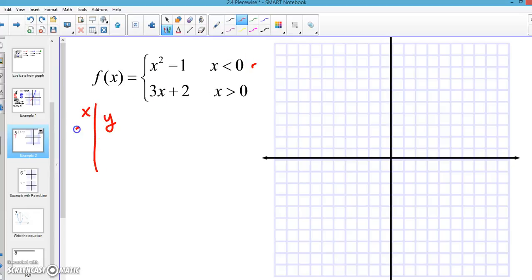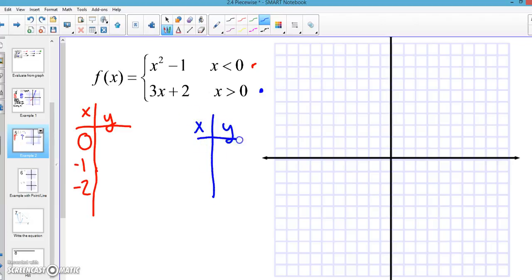So first function, it just says less than 0, so I will pick 0, so I know where my open circle goes, and a couple of values less than 0, make them kind of nice and small so it's not difficult to calculate easily. With the second function, it's greater than 0, so I'm going to pick 0 and a couple numbers close to but larger than 0, and work out the math.